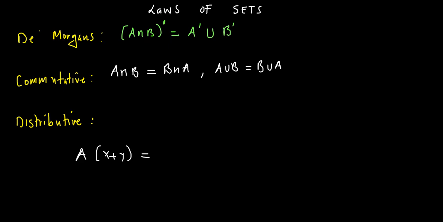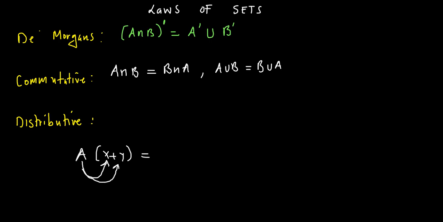Anyone? Be free to speak. So when you are performing a distribution, you multiply a with the first number, and you multiply a with the second number.